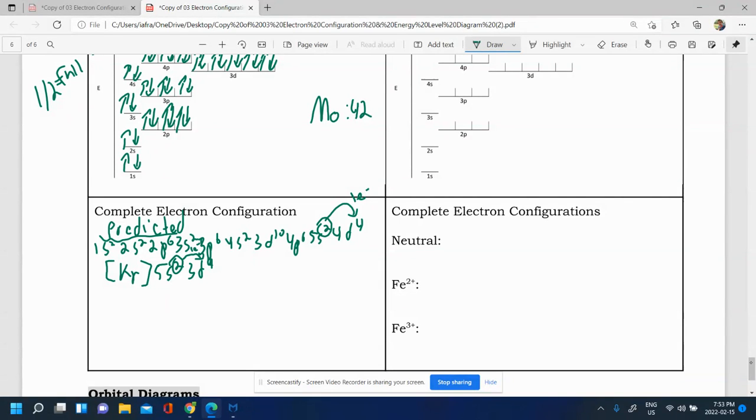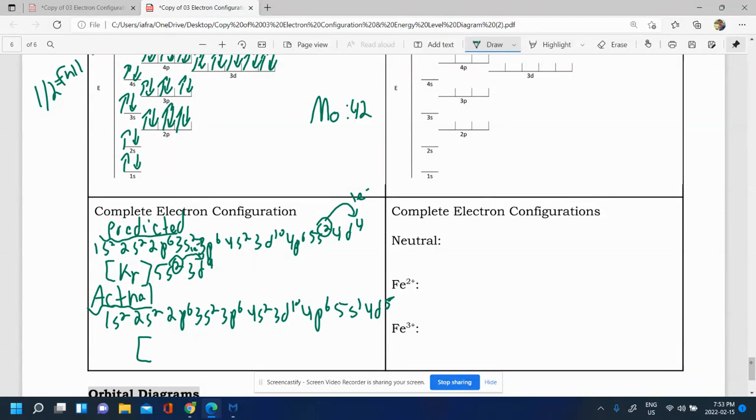And so the actual configuration is this instead: 1s2, 2s2, 2p6, 3s2, 3p6, 4s2, 3d10, 4p6, 5s1, 4d5. Or you could say krypton, 5s1 half full, 4d5.